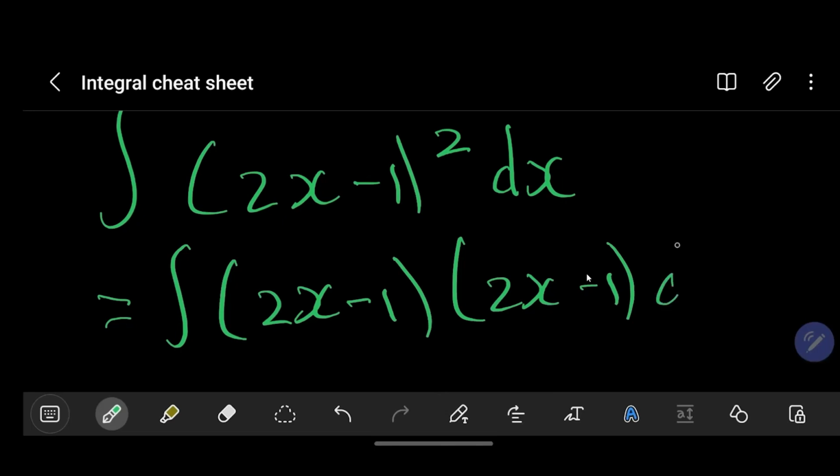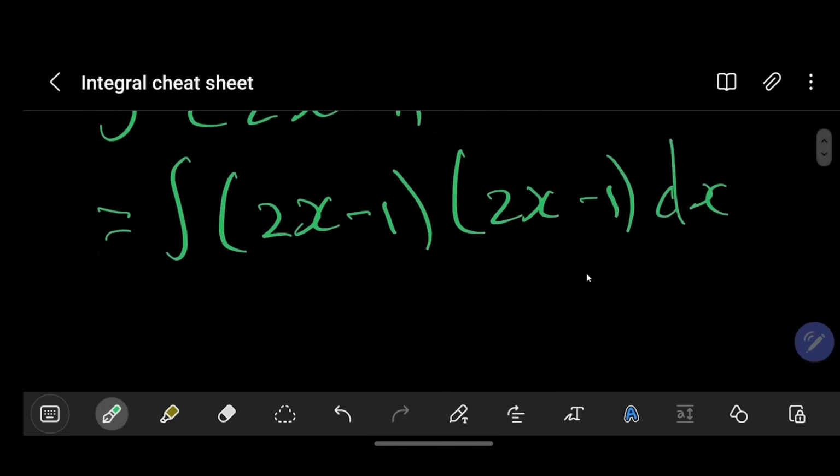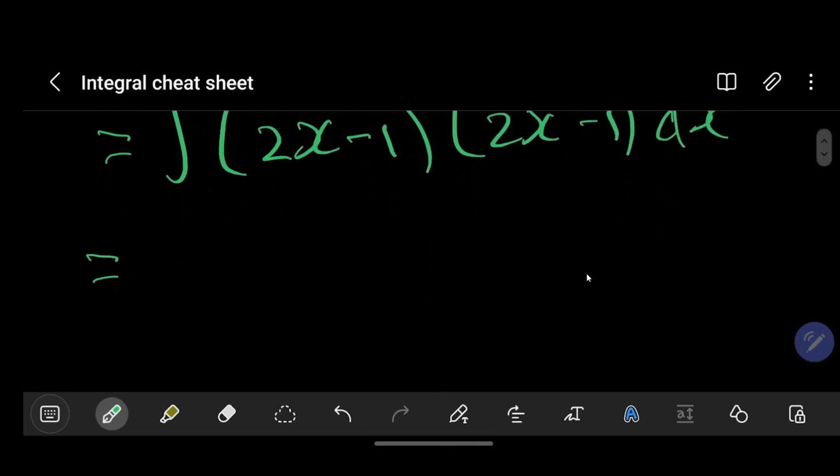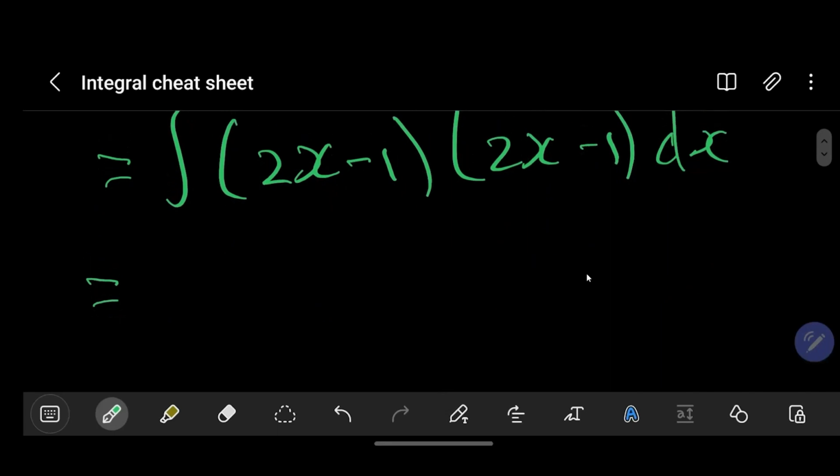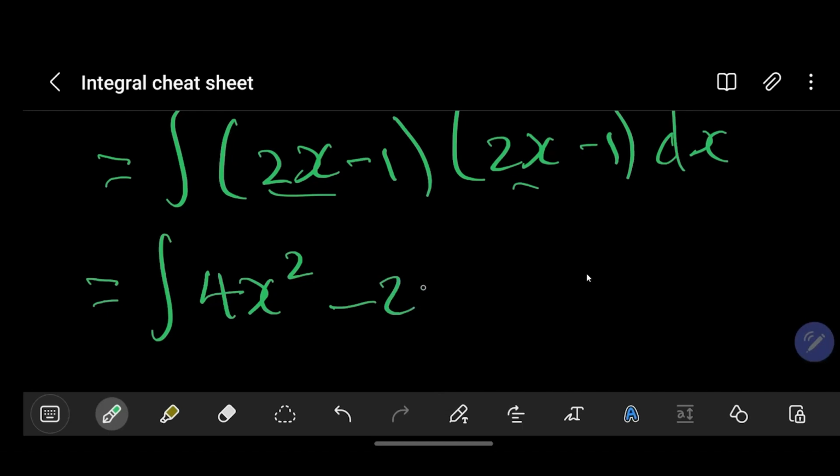So this is one way of doing it. Now we can take this further and multiply this out. If we multiply this out, we would have 4x squared, so 2x times 2x, minus 2x multiplied by 1 is minus 2x, and then minus 1 times 2x is minus 2x, and 1 times 1 is plus 1, dx.